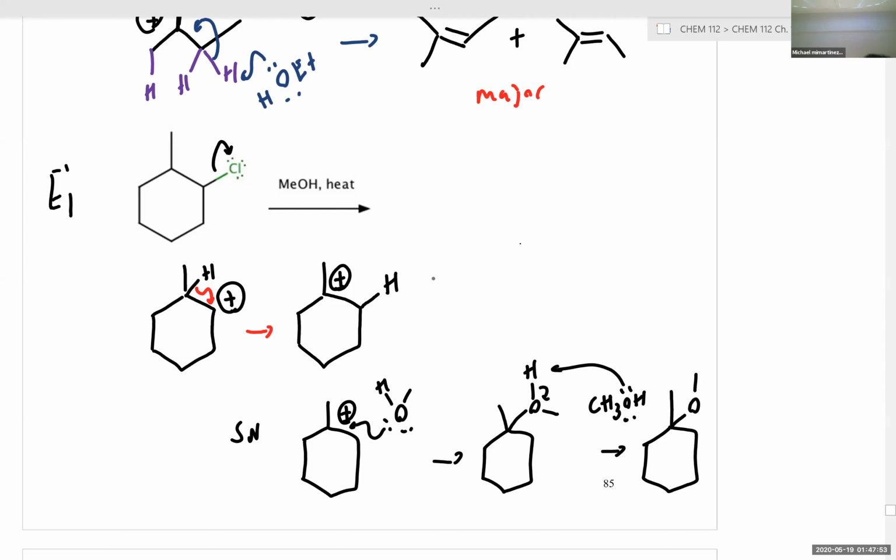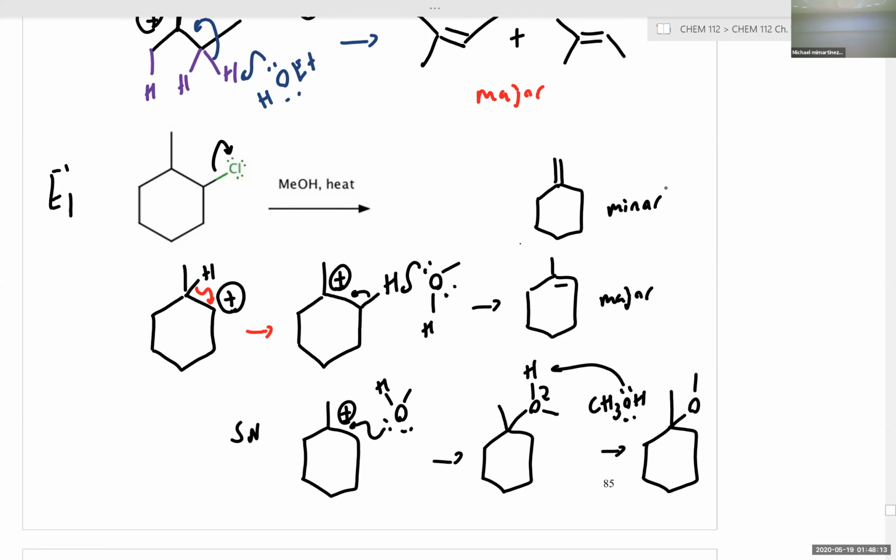The other option is to eliminate. Remember, hydrogens adjacent to a carbocation are relatively acidic. So this would be a major product, and then as a minor product, we generate the following alkene.